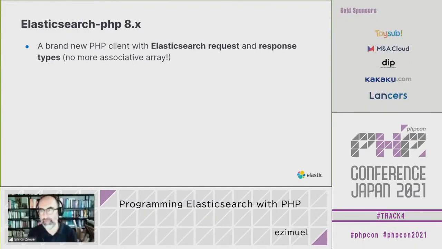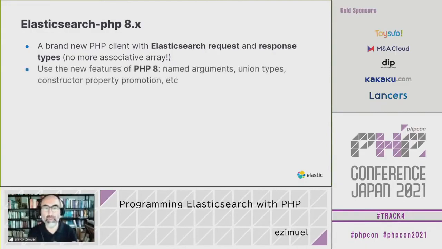So we'll have no more associative arrays. Of course, if you want, you can continue to use associative arrays, but we also provide an object-oriented way to read the results and create the request. We will use PHP 8, of course, and we want to use all the cool features of PHP 8, like named arguments.